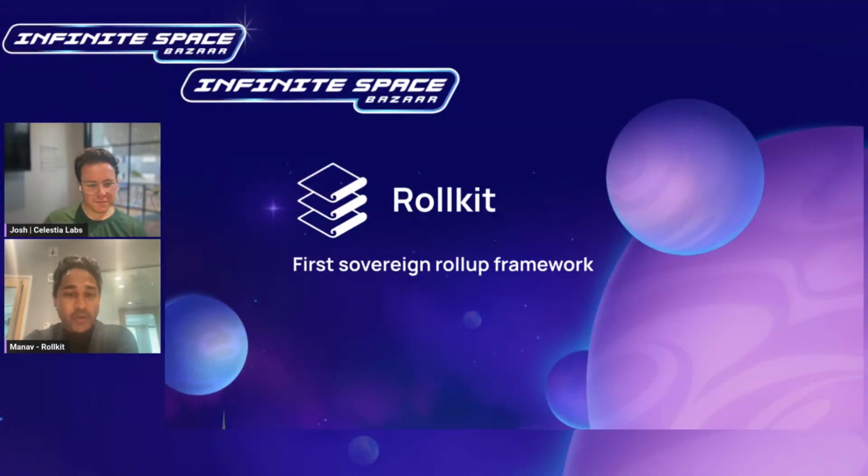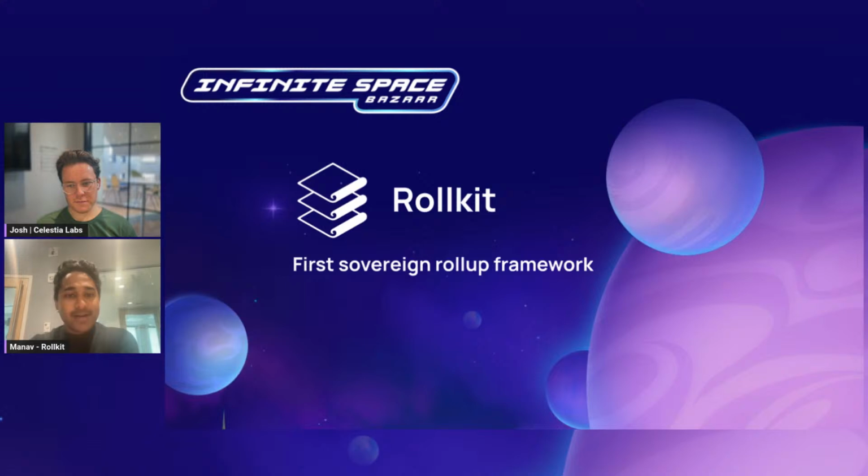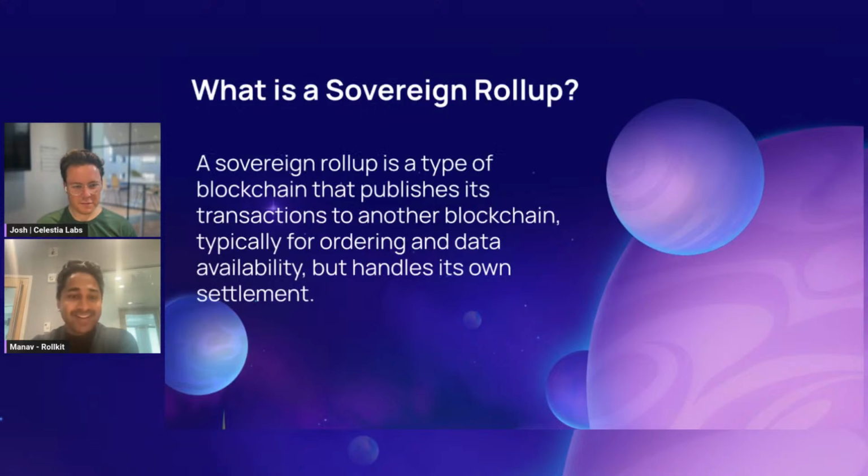So Rollkit is, there are currently no sovereign rollups that exist, to my knowledge. So Rollkit is the first sovereign rollup framework. Before we talk about what Rollkit is, let's talk about what sovereign rollups are, because that might be helpful, since it is a sovereign rollup framework.